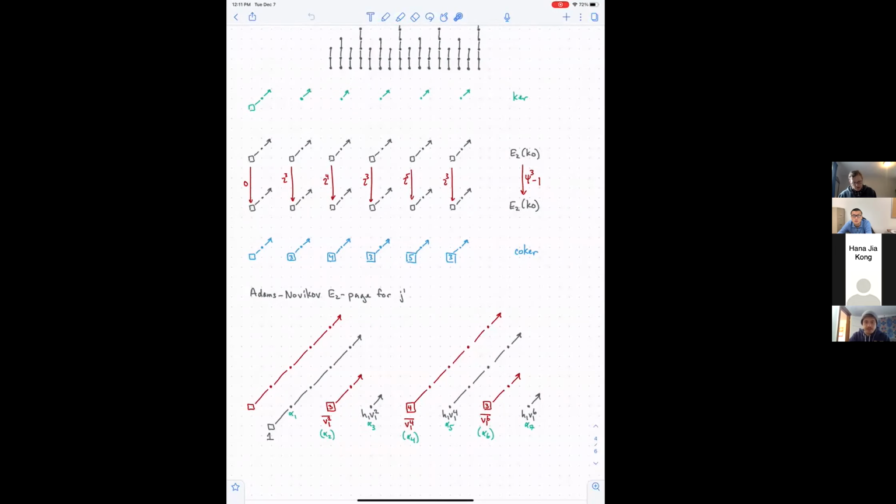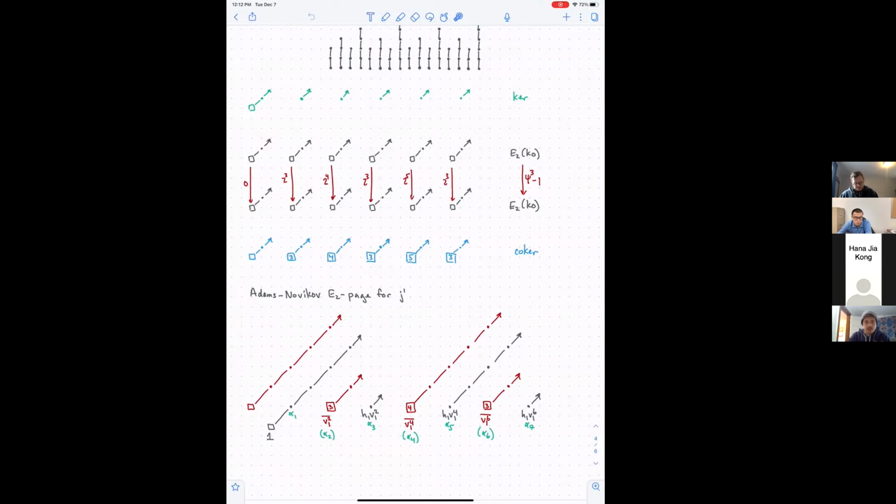The kernel corresponds down here to the black elements, and I've given them names that came from the names we used in E2 of KO. The black ones are from the kernel, and the red ones are from the co-kernel.